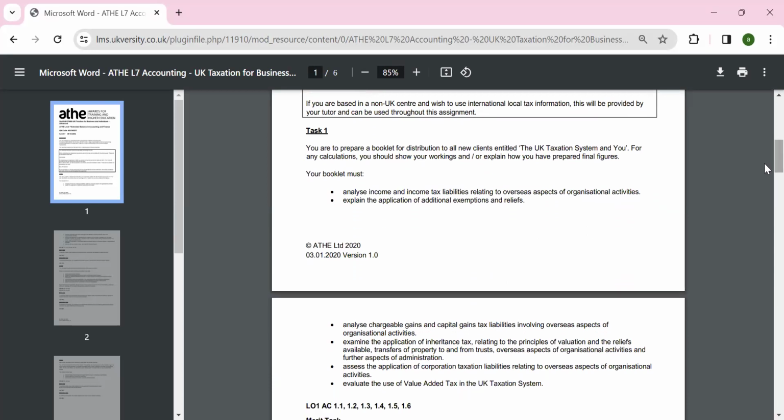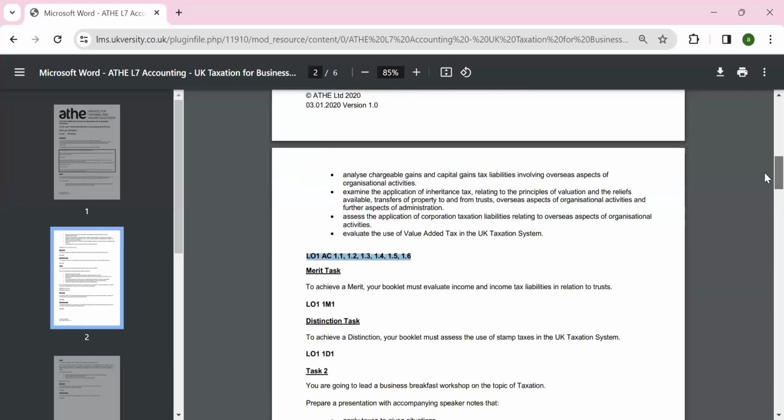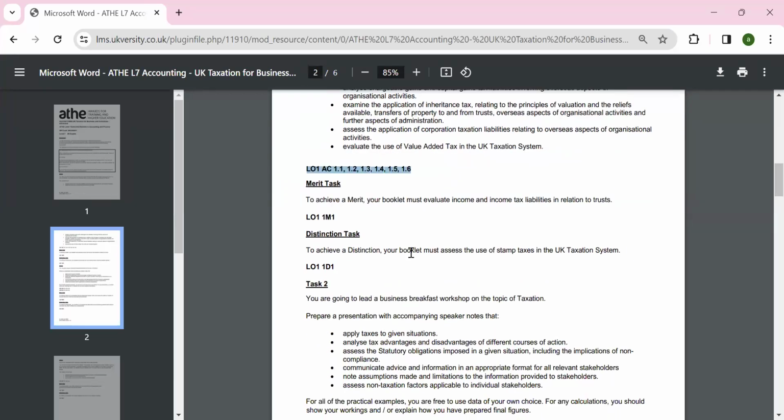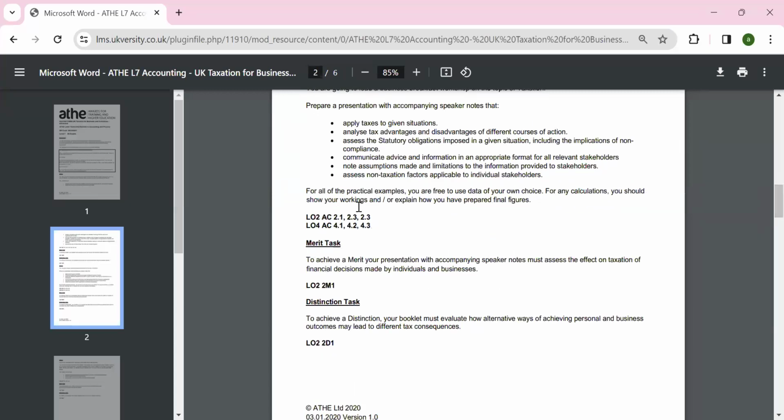Under each task we have the assessment criteria, and we do an assignment discussion session. Task 1 is learning outcome 1, which means lesson 1, the slide that covers the key points, plus the merit and distinction criteria you want to work towards. Task 2 covers learning outcomes 2 and 4.